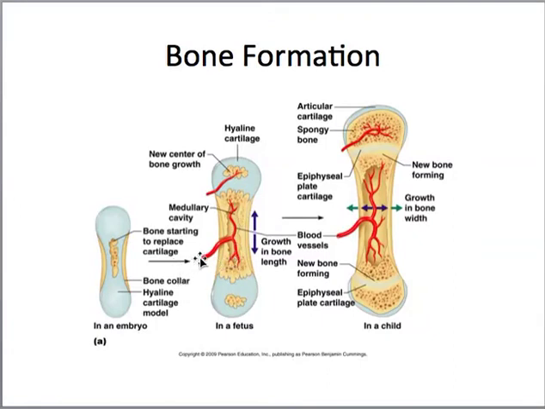Okay, so you can see here the blood vessels, the central nourishing vessel invading here, the diaphysis of this long bone, hollowing out the cartilage and creating the medullary cavity. And you can see this is what we call the primary ossification center. This is the first place where bone shows up.